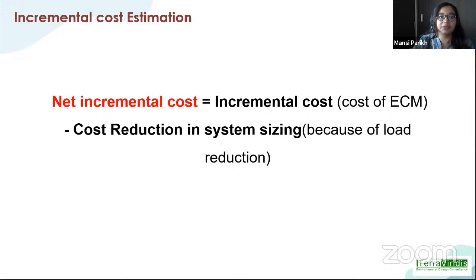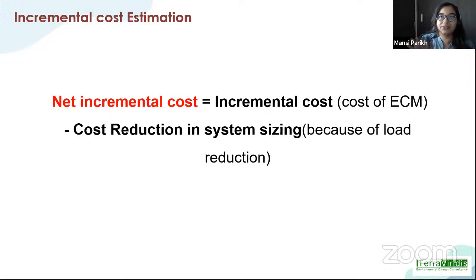So this is an example: if we add 50 mm of insulation to a brick wall, we can get almost 3 to 4% reduction in the cooling load. That would account in a reduction of 2 to 3 tons in a particular space. That reduction in tonnage can be directly proportional to the cost.